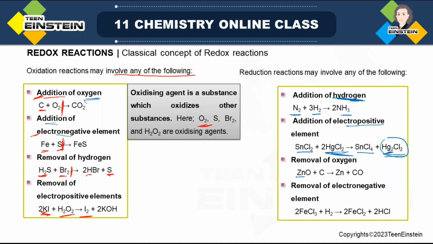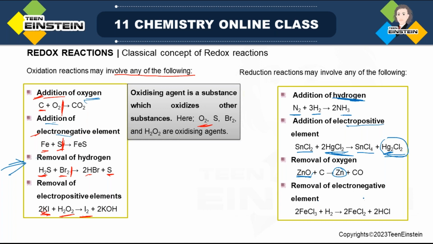Then the third one, removal of oxygen. Here you have to focus on zinc oxide. From zinc oxide, this oxygen part is gone. You can compare this with the third example on the left hand side, which was removal of hydrogen in the oxidation reaction, but now it is removal of oxygen, the reverse of removal of hydrogen. So zinc oxide, now it is only zinc, the oxygen is removed.